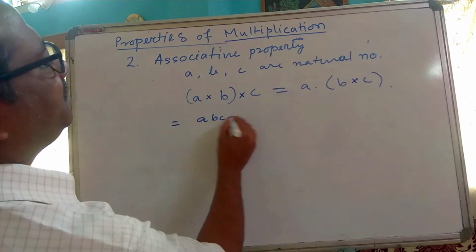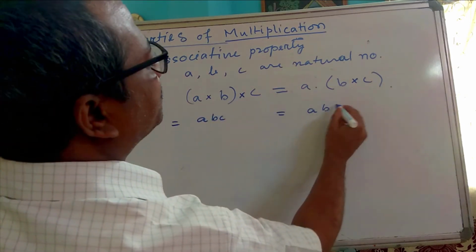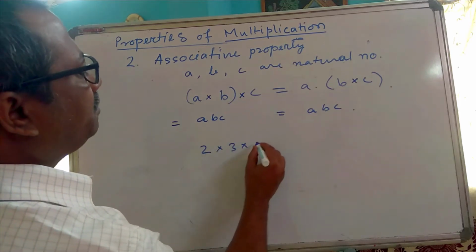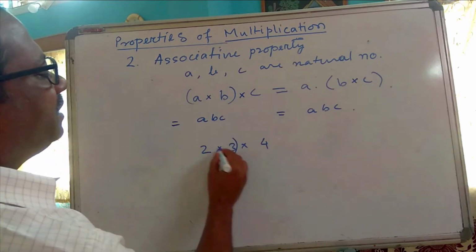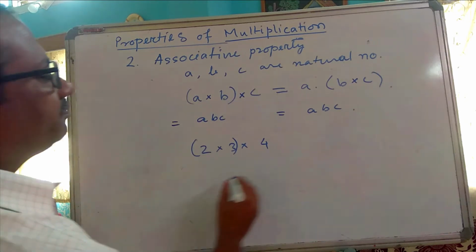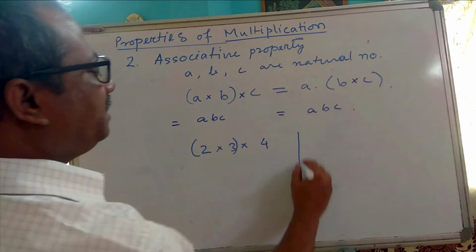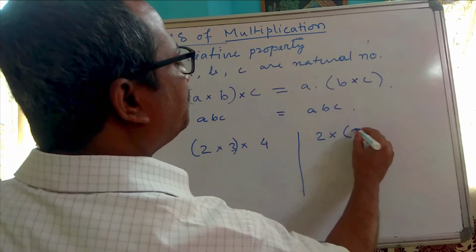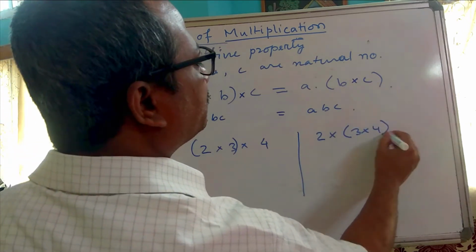A, B, C is equal to A, B, C. Suppose 2 into 3 into 4. You make this group. On the other side, you can make a different group. 2 into, between 3 and 4 you can make a group.